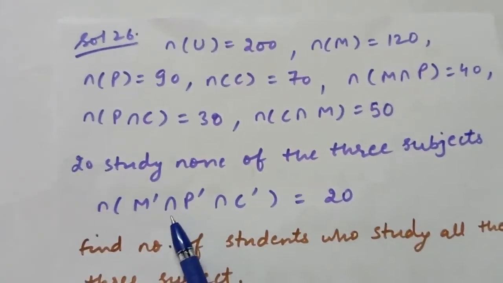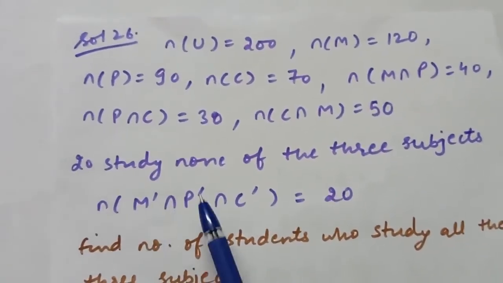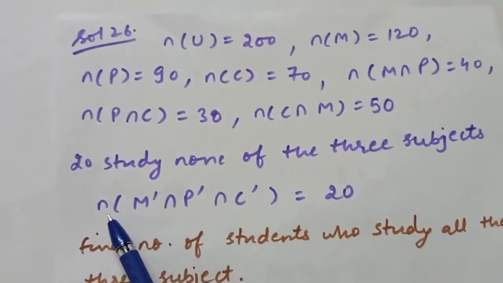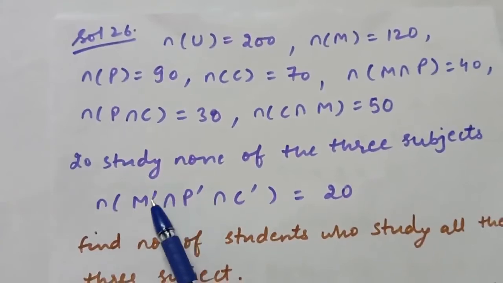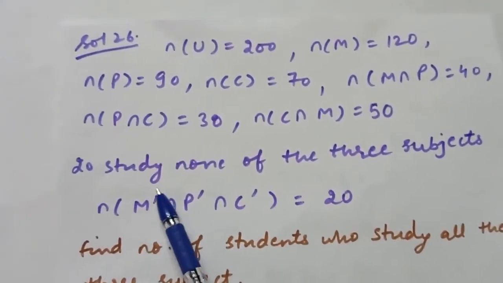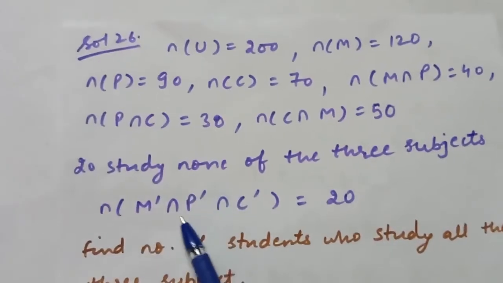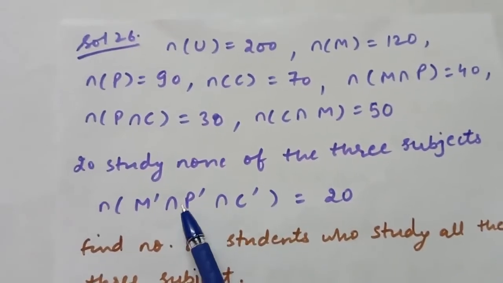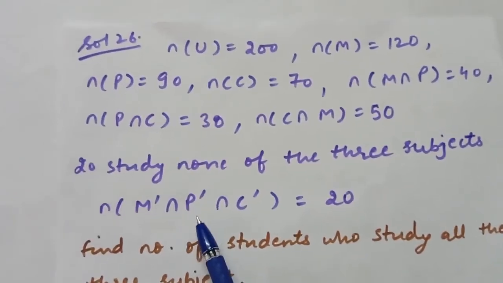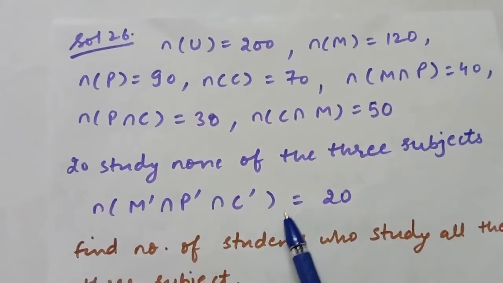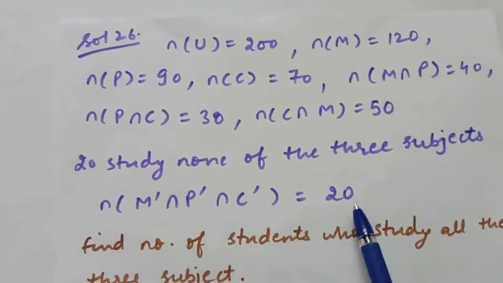So none of the 3 subjects means neither maths nor physics nor chemistry. So it will be number of elements in M complement intersection P complement intersection C complement is equal to 20. We take intersection because they are not studying maths and also not physics and also not chemistry, right?